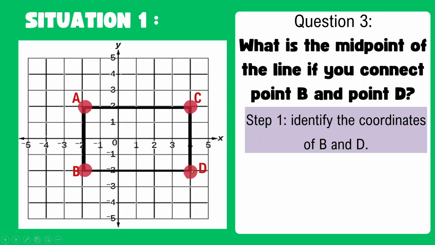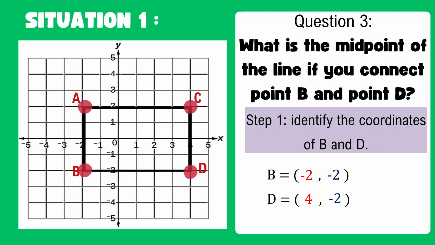It's because we're going to use them on the midpoint formula later on. So the coordinates of point B is at -2 and 2, while point D is at +4, -2.